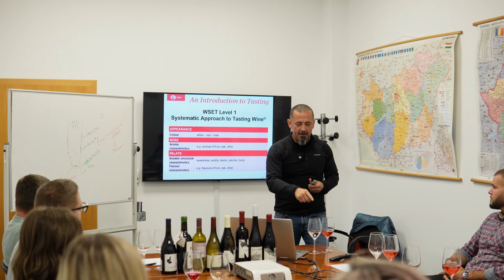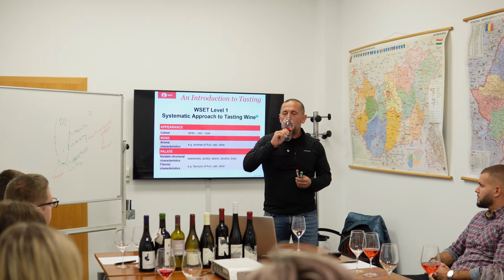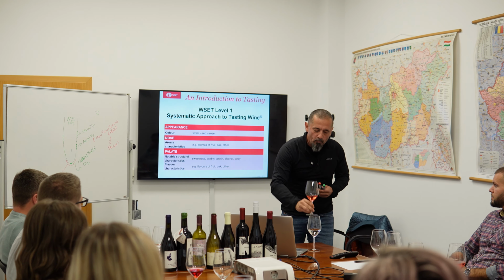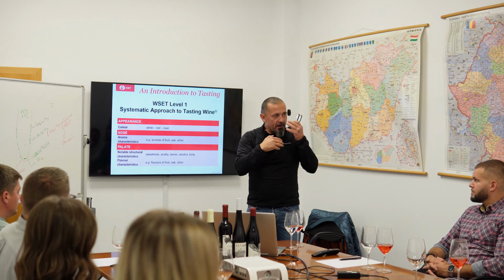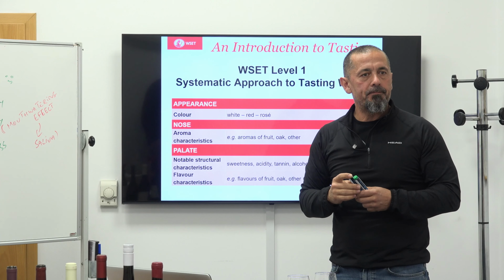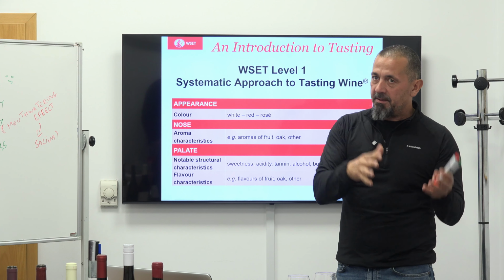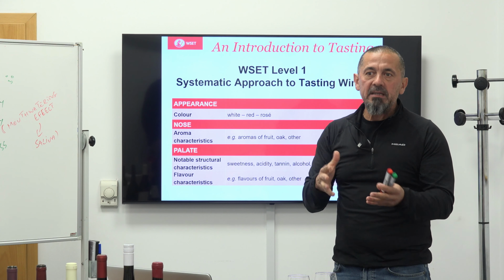If I taste a wine and no saliva is created, it means that it's low in acidity. It doesn't mean that the wine is better or worse. It means that the wine is high in acid or not high in acid.